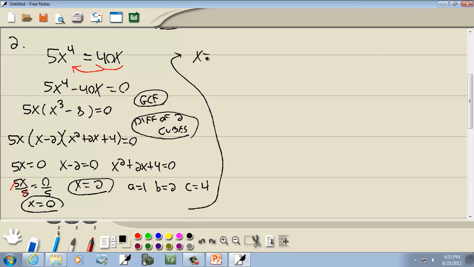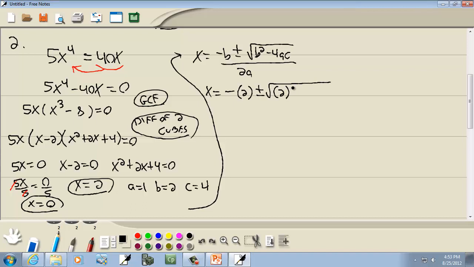And our quadratic formula says x equals negative b plus or minus square root of b squared minus 4ac all over 2a. Well, now plug in my numbers. So I got negative b plus or minus the square root of b squared minus 4 times a times c all over 2a.